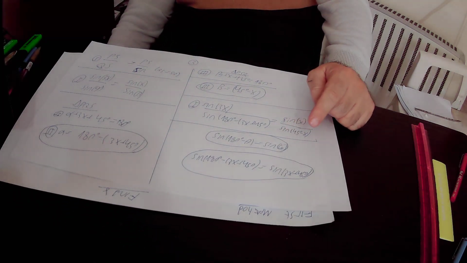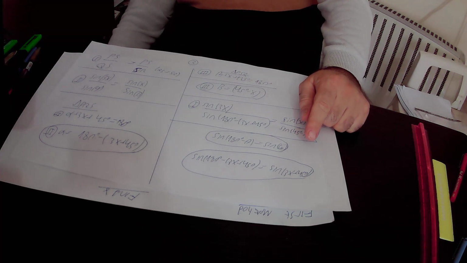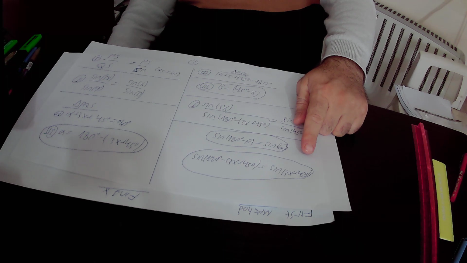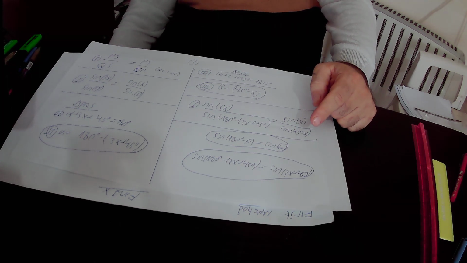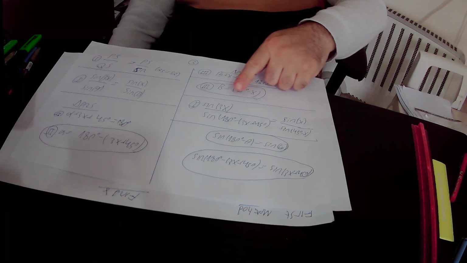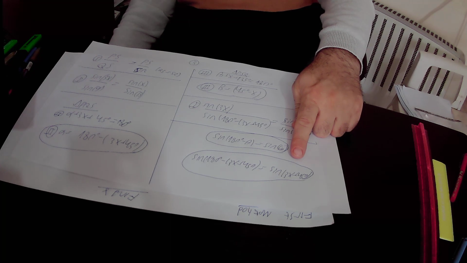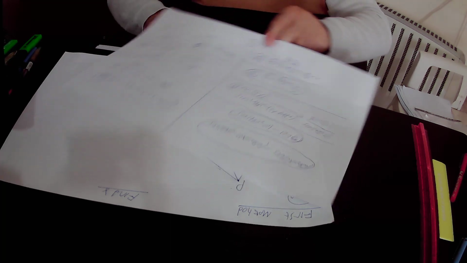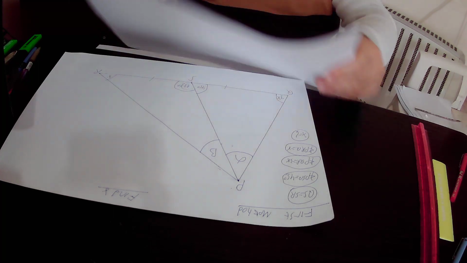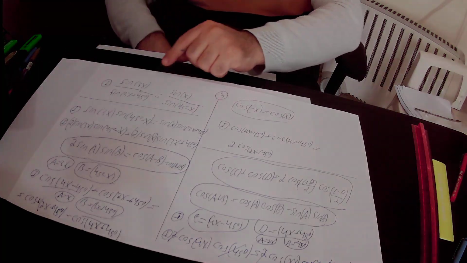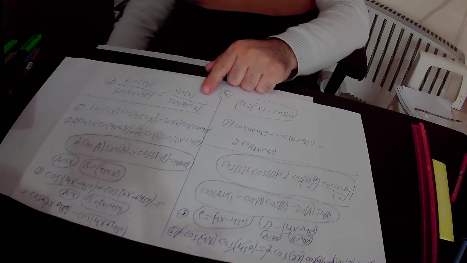According to this identity, sine of 180 degrees minus (3x plus 45 degrees) equals sine of (3x plus 45 degrees). So we can change equation number 1 by this expression. We did it here, and we got that sine 3x over sine (3x plus 45 degrees) equals sine x over sine (45 degrees minus x).